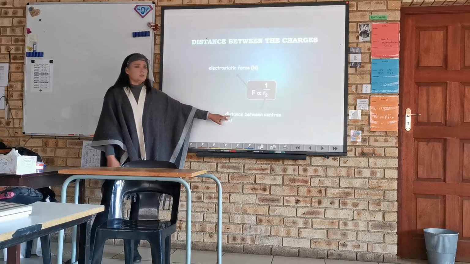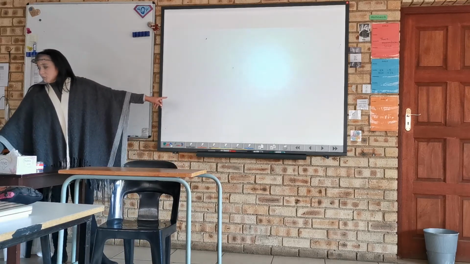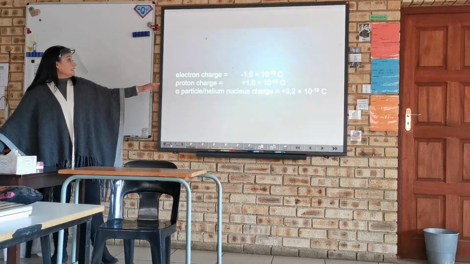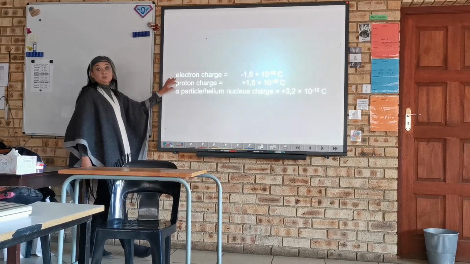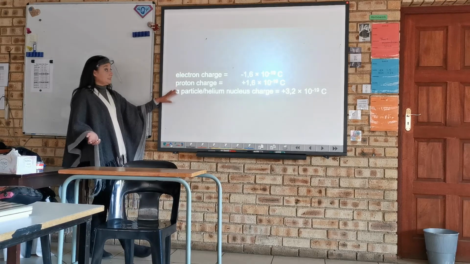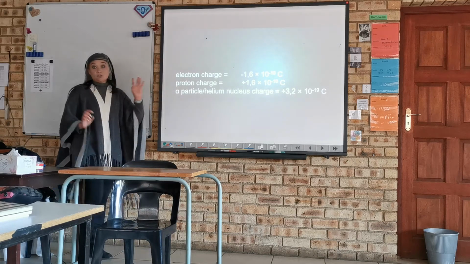This is not R2, it's R squared. I'll change it in a minute. Then we know that it's inversely proportional. Just a bit of useless or important information is that an electron has a charge of minus 1.6, a proton has a charge of plus 1.6, obviously times 10 to the minus 19. And then we're going to talk about an alpha particle, but not right this second.